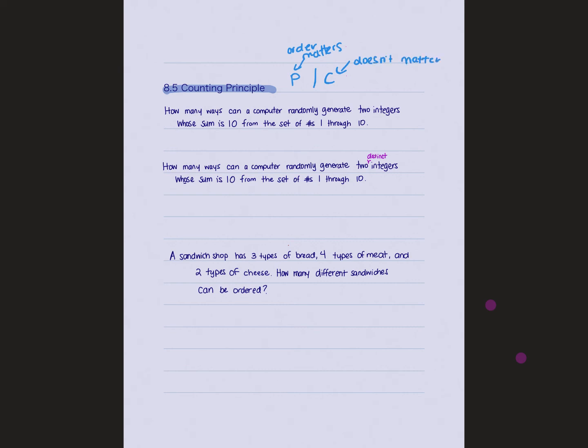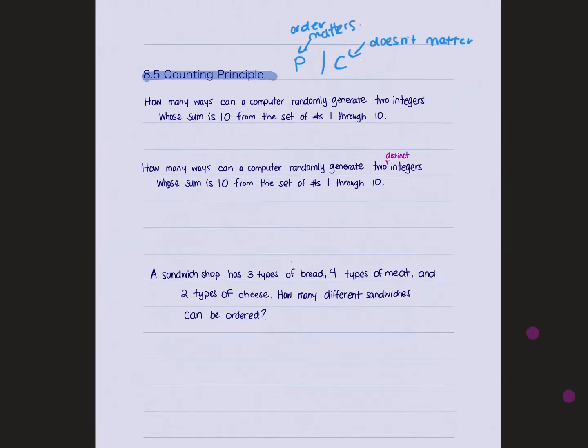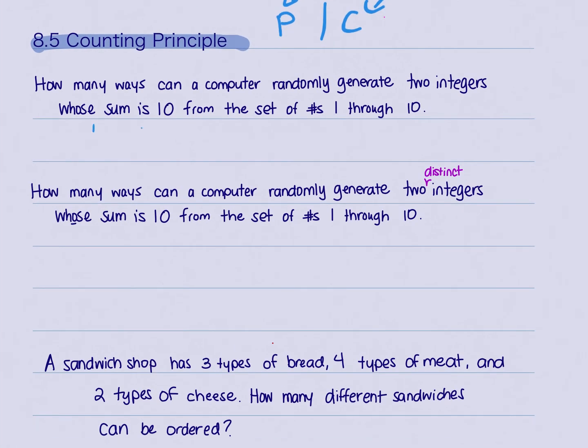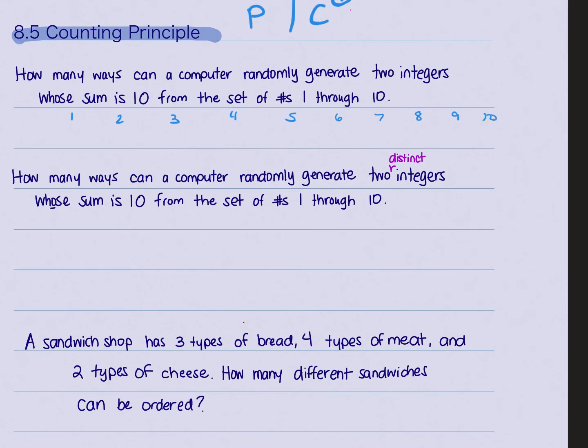So for the first one, it says, how many ways can a computer randomly generate 2 integers whose sum is 10 from a set of numbers 1 through 10? So if you're just doing 1, 2, 3, 4, 5, 6, 7, 8, 9, 10, from 1 through 10 includes both of those, and you're just trying to get the sum, you can start high.